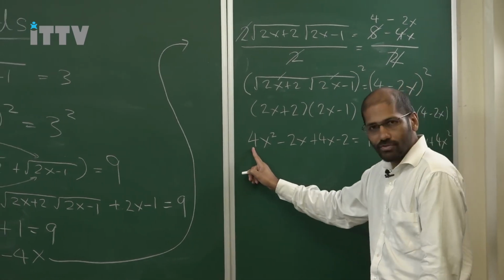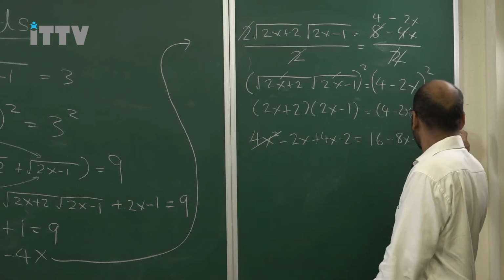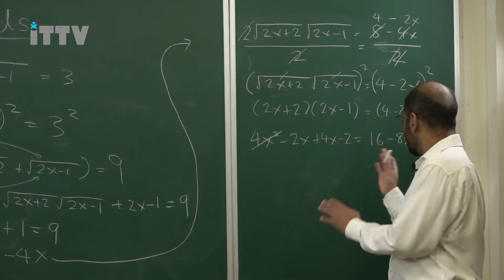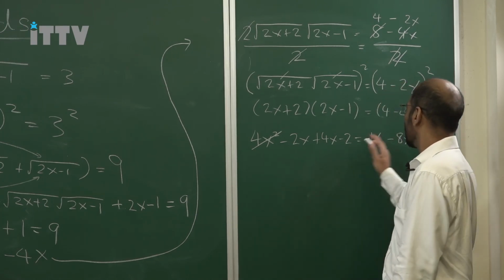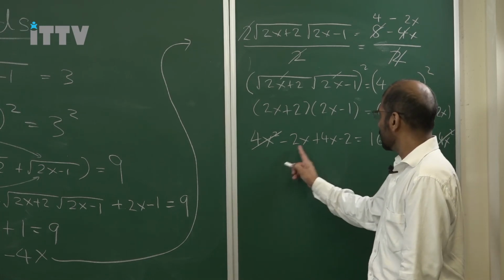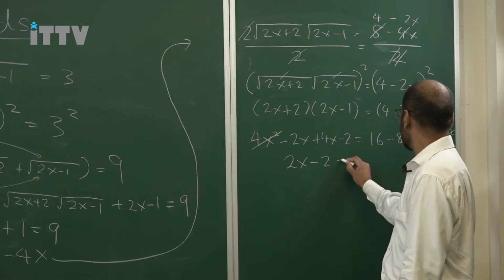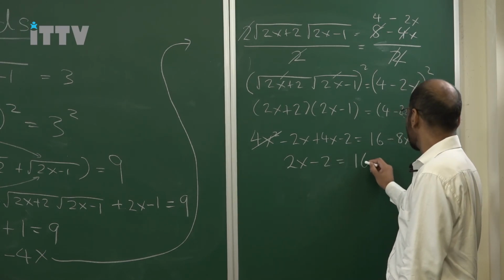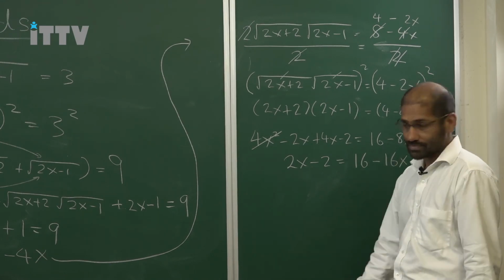Now we see a 4x squared on the left and we see a 4x squared on the right. We could cancel off. I'm going to bring all the x variables to one side of the equation and all the numbers to another side of the equation. So first step, we simplify these two. We have 2x minus 2 equals to 16 minus 16x.